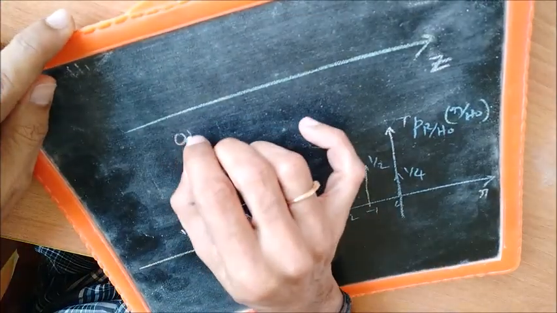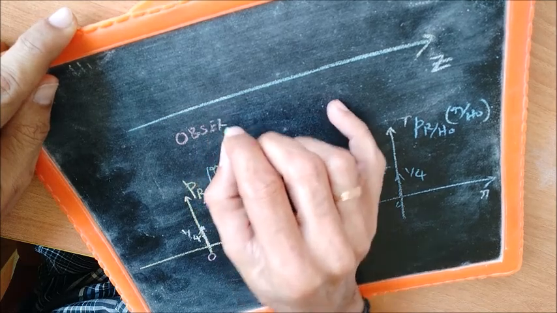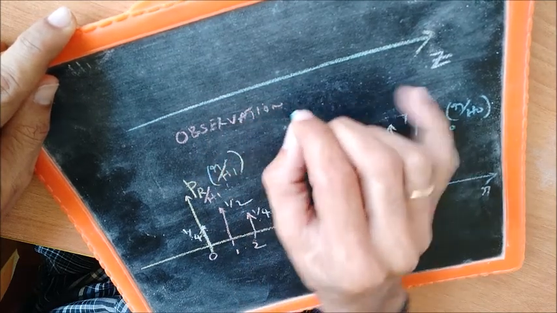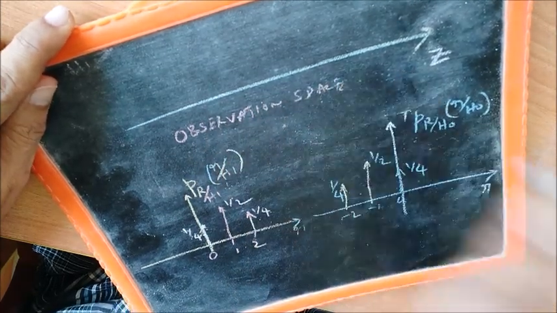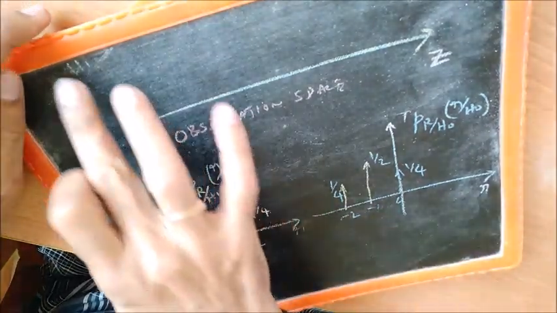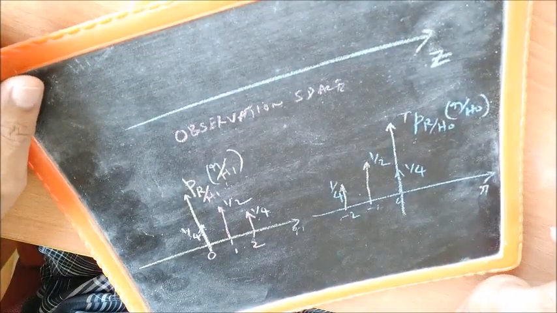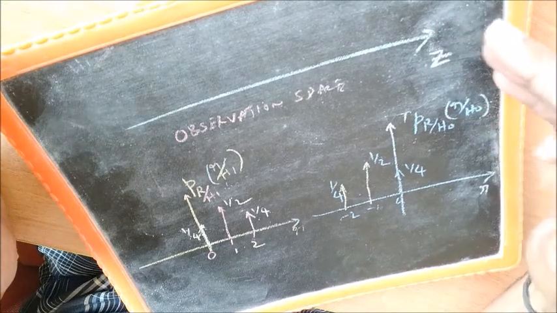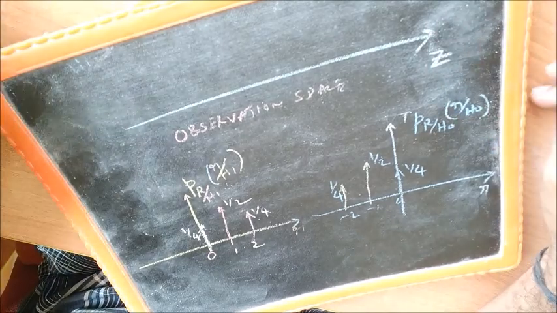I will write here, this is the observation space, and the observation space is one-dimensional, and what it shows is actually the possible values which R can take.